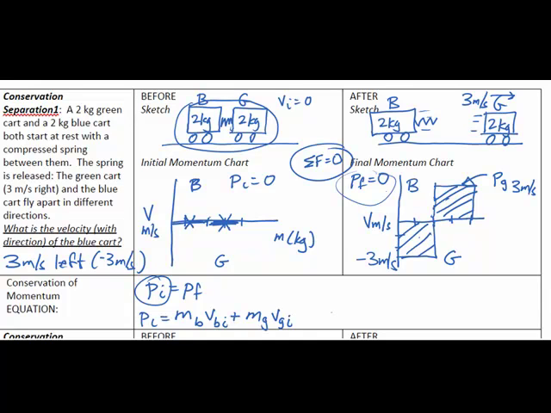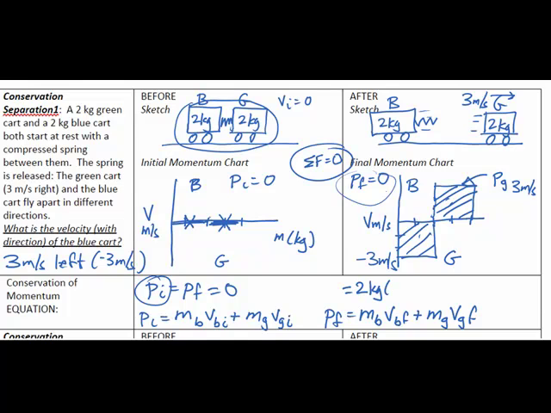Our final momentum is made up of the momentums of each of those. The mass of our blue cart times the velocity of our blue cart, final, plus the mass of our green cart times the velocity of our green cart, final. Let's go ahead and put numbers in this one. We already know the initial momentum was 0. Let's look at this. The mass of our blue cart was 2 kilograms.